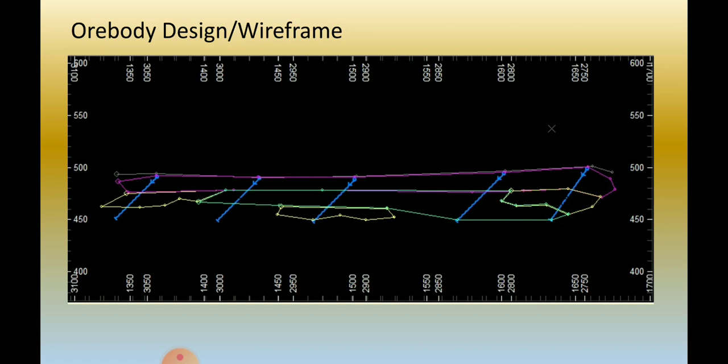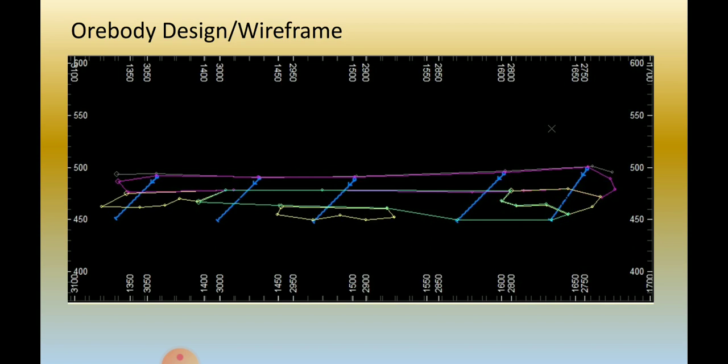Now the ore body design. This is the working on a particular section, and we will go section to section and digitize our ore body on all the sections of that plan. Simultaneously, the intrusion will also be digitized and the overburden will also be digitized on all the sections.